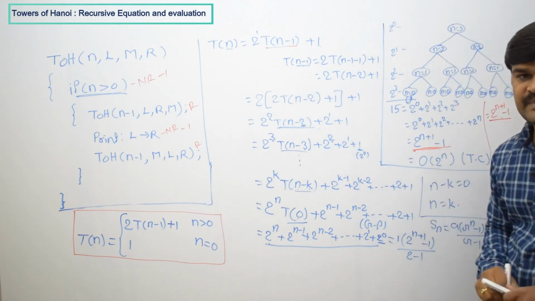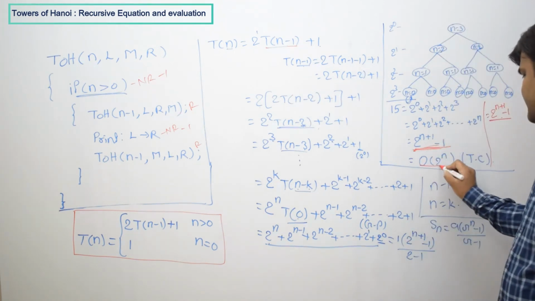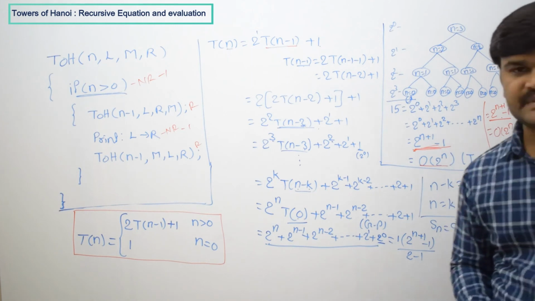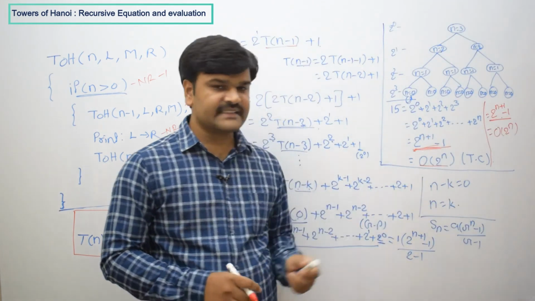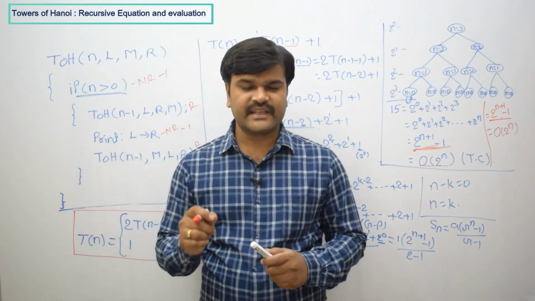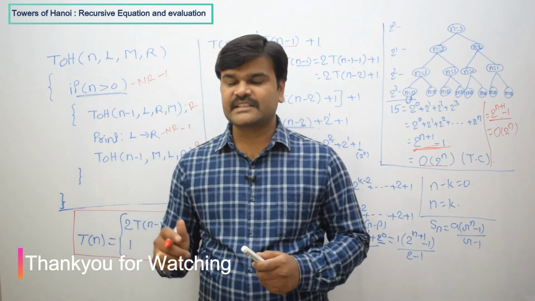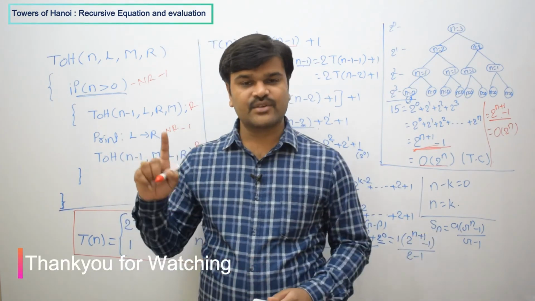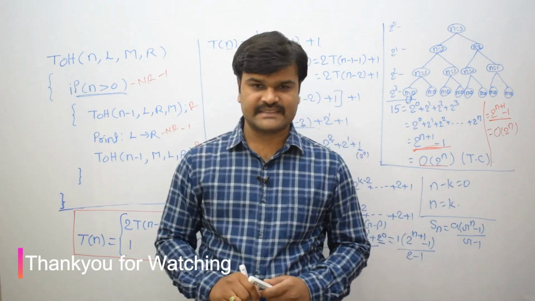After this, the part is the same, even here the complexity is 2 power n. This part we already discussed in the last discussion. In this way we find the time complexity for the recursive equation by using the recursive tree and also by using the recursive equation.